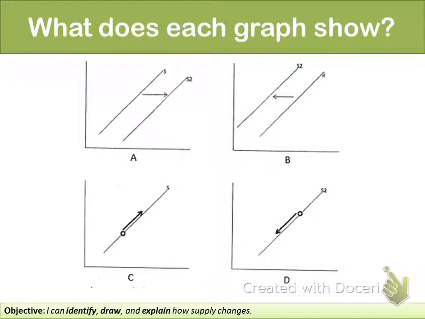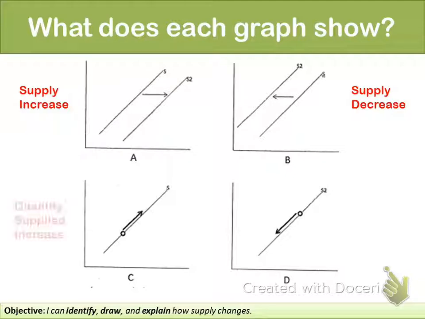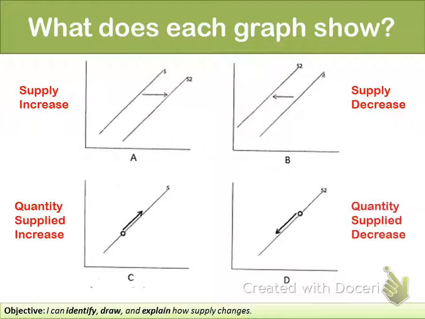Taking a look at each of these supply graphs, we see A and B would be both supply changes. A is a supply increase, B is a supply decrease, C is a quantity supplied increase, and D is a quantity supplied decrease.